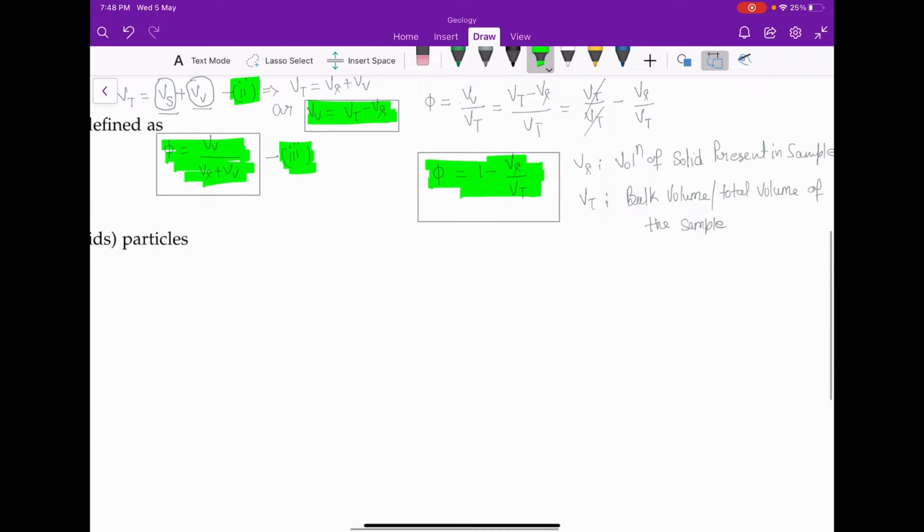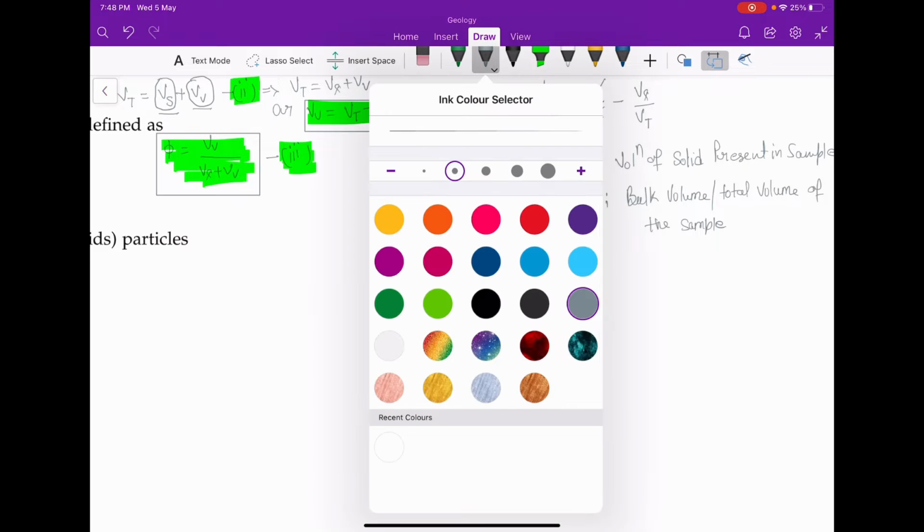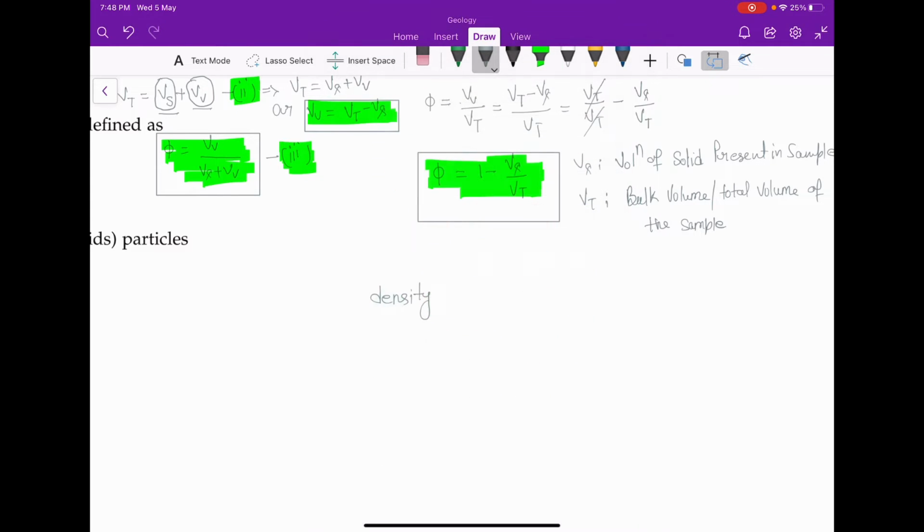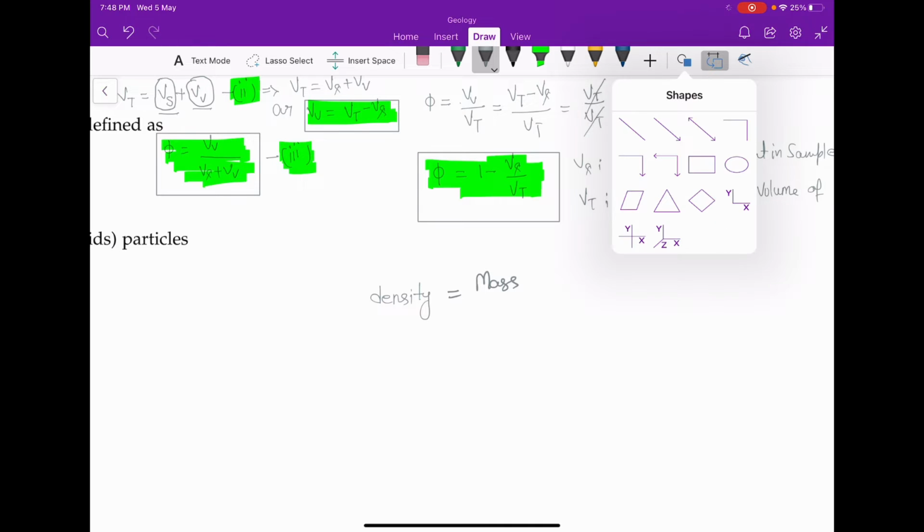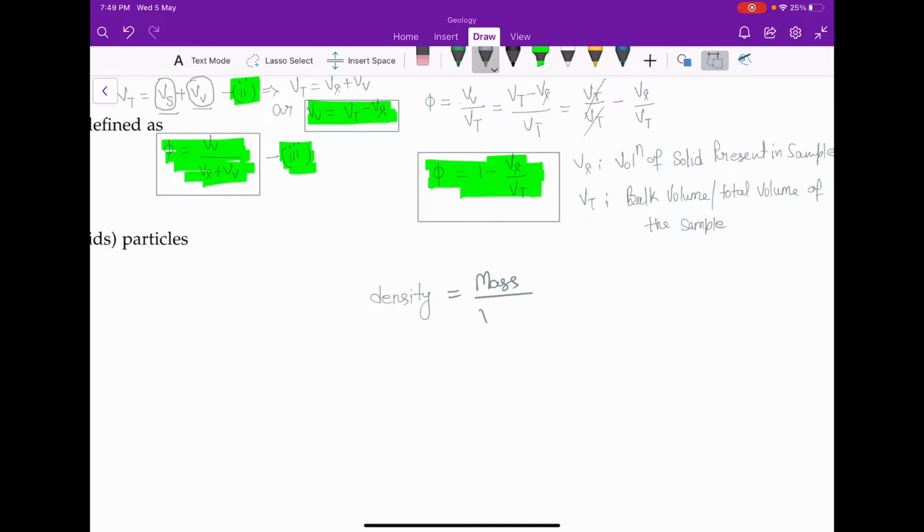Now the basic definition: density is equal to mass divided by volume.